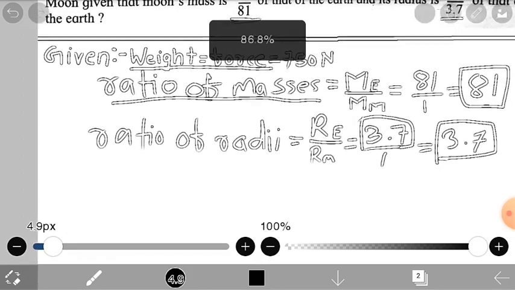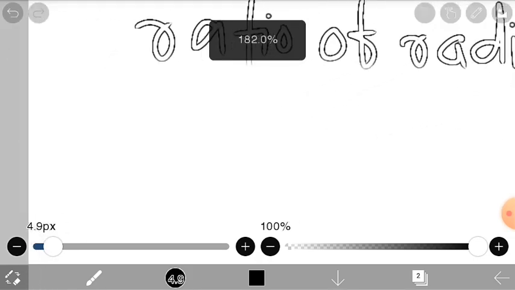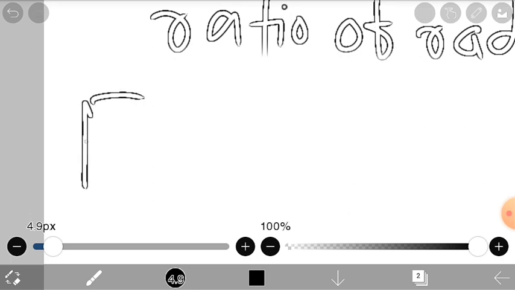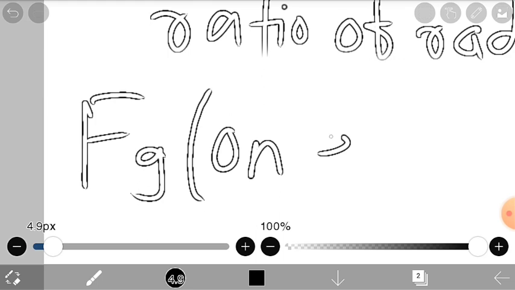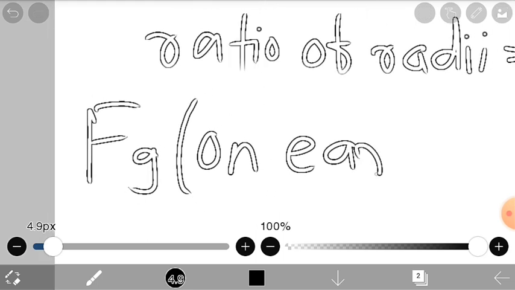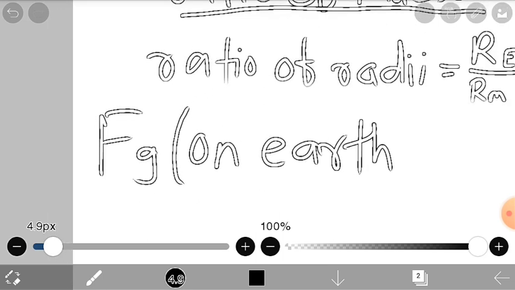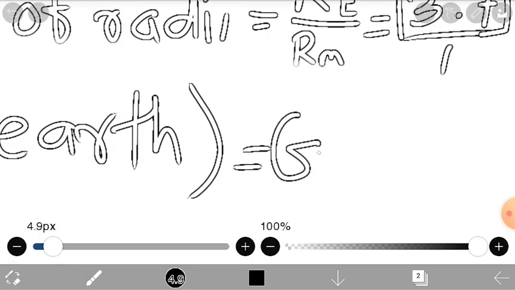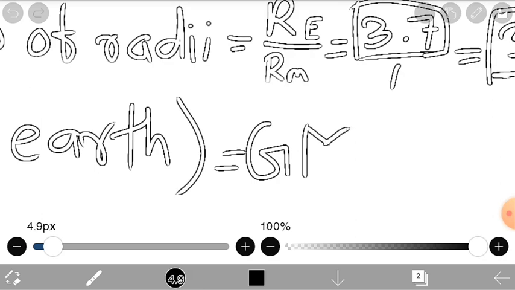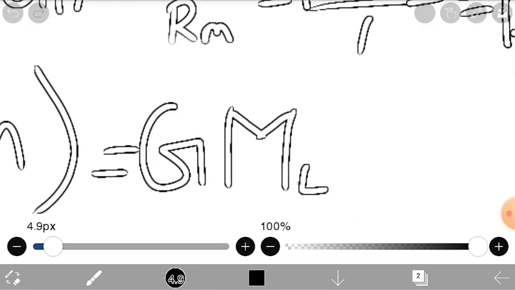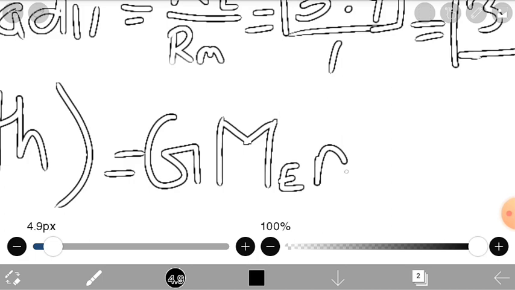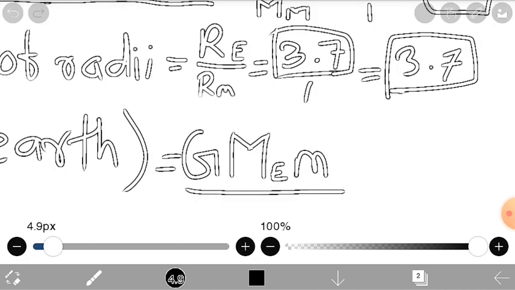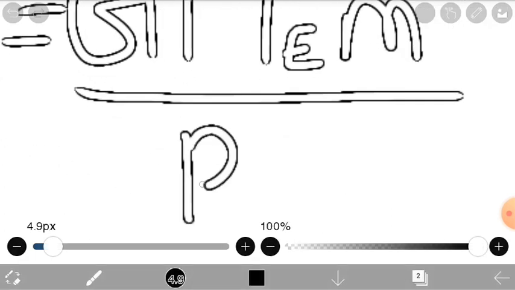As we know that force of gravity on earth equals G into mass of earth into mass of person upon square of earth's radius.